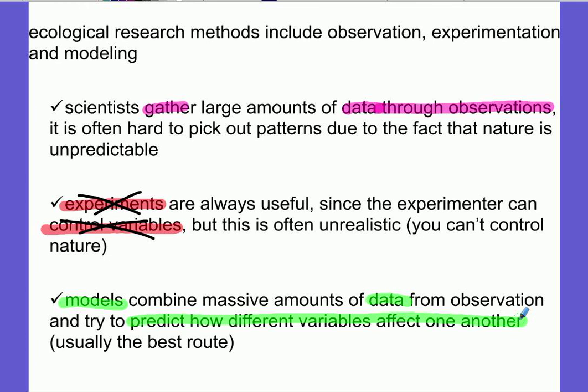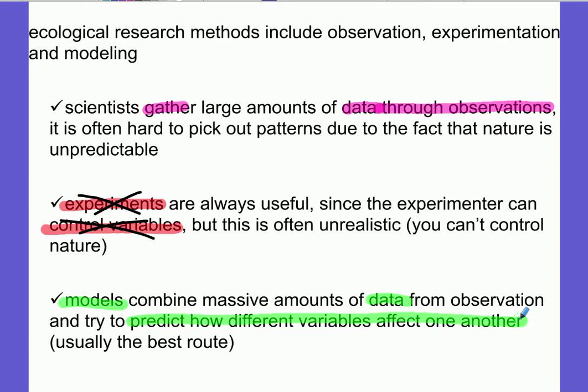You might not be able to control variables in an experiment in a specific place and time, but if you take different places that have similar things in them, similar living things in them, you can compare how one is different from another. Maybe there's more rainfall in one place than the other, and you could understand how that might affect the living things.